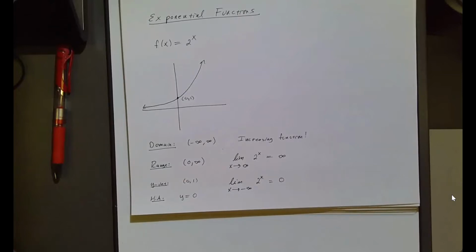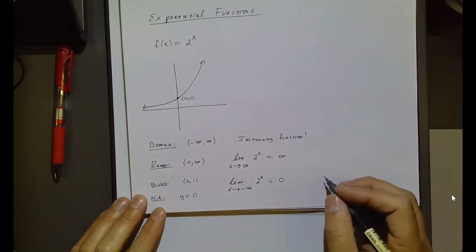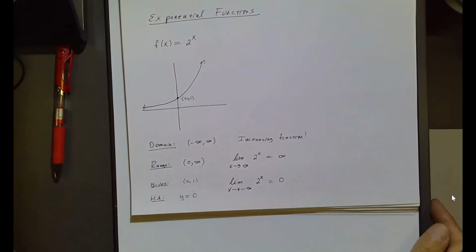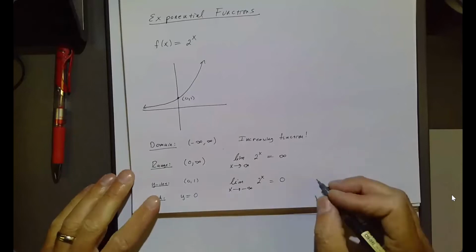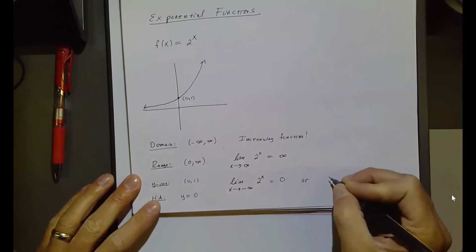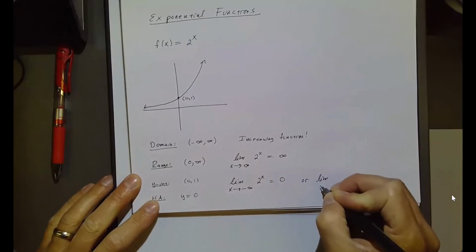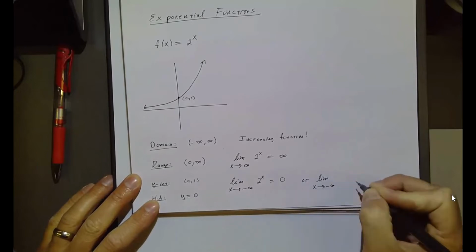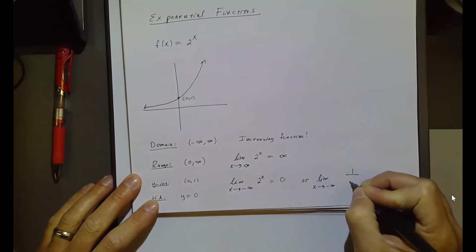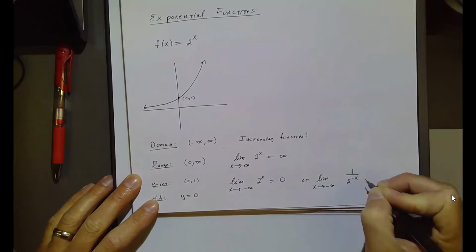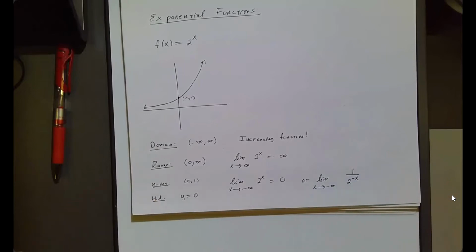Well, here's what I like to do. I like my powers to be positive. If I think about plugging in a very, very large negative number, I have a negative power. So what I would alternatively do is rewrite this as the limit as x goes to negative infinity of 1 divided by 2 to the negative x. Right? When you put something down in the denominator from the numerator, the sign of the power changes.